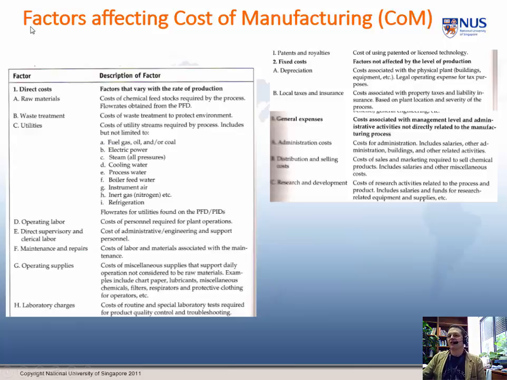The cost of manufacturing is how much it costs you to make something. These are typically the type of costs that you might have on your list for your factory or for your chemical processes.